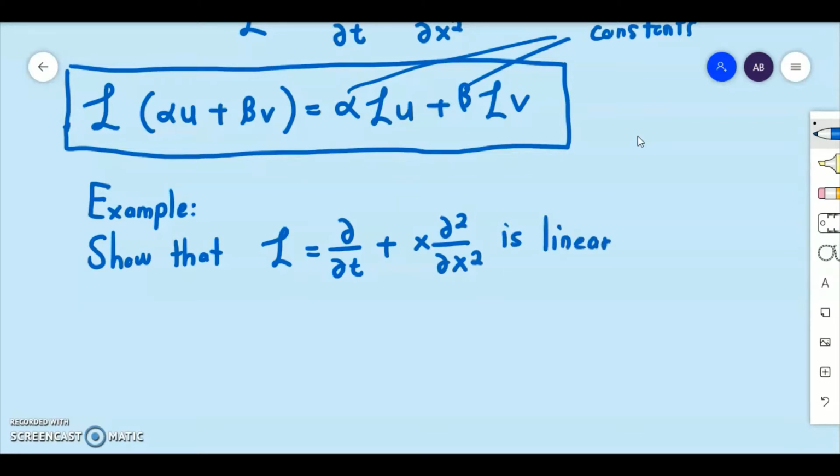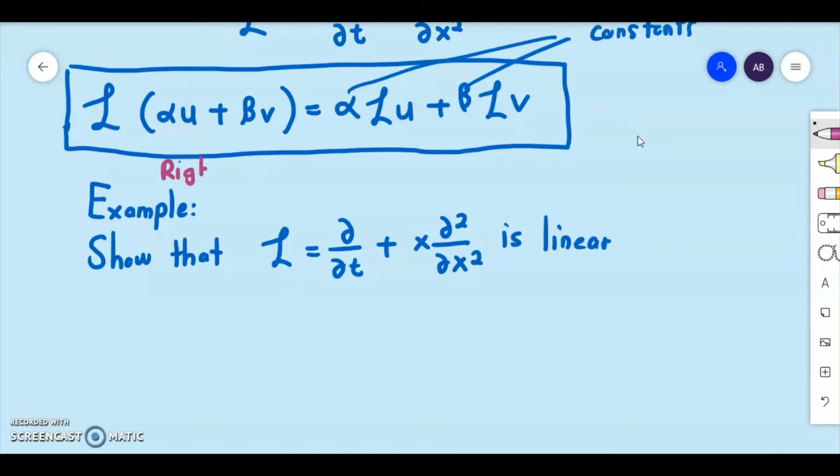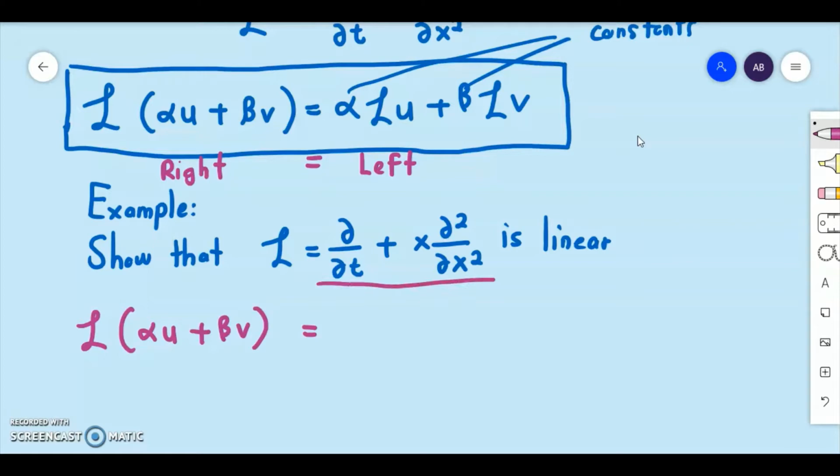To begin with, I need to start with my right equation, the right equation equals the left equation. So I have the operator L applied to alpha u plus beta v, and I'm going to work it out for this given equation until I get to my other side.